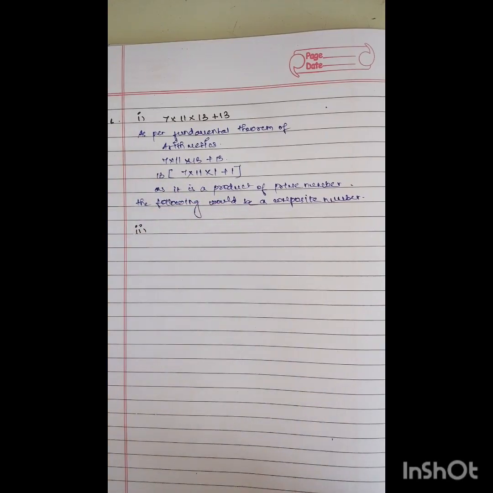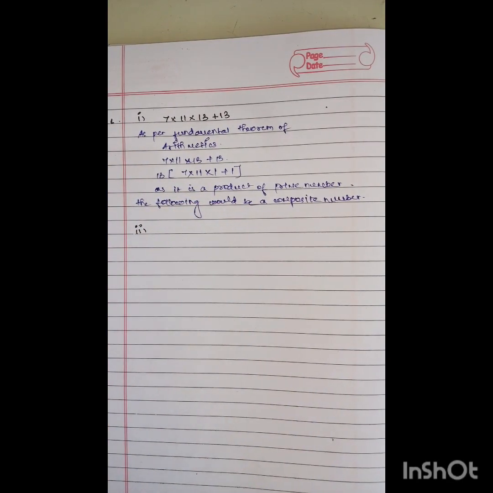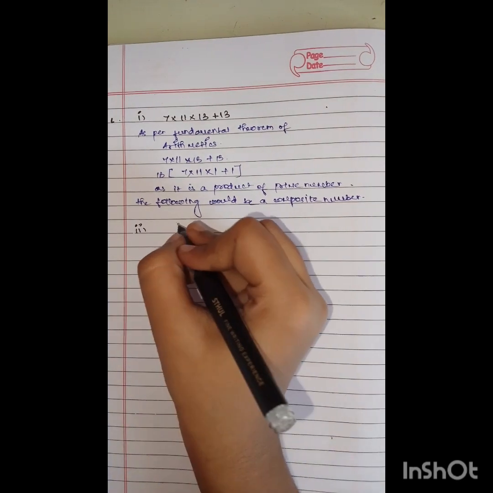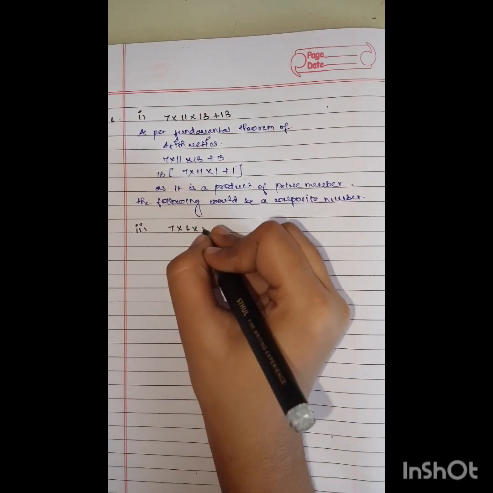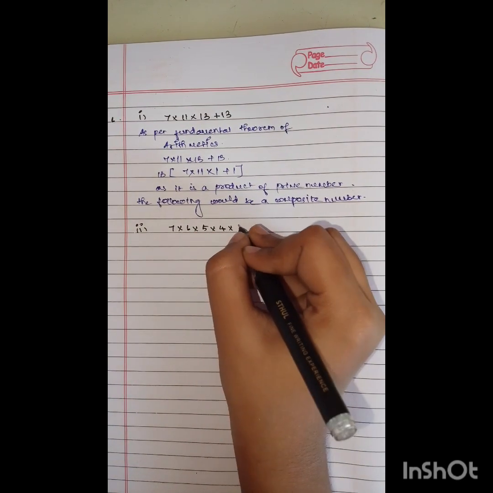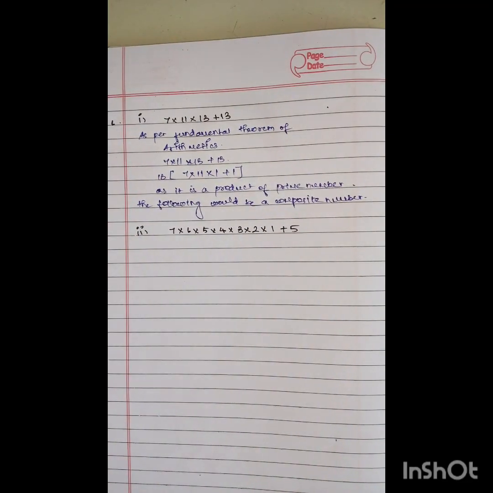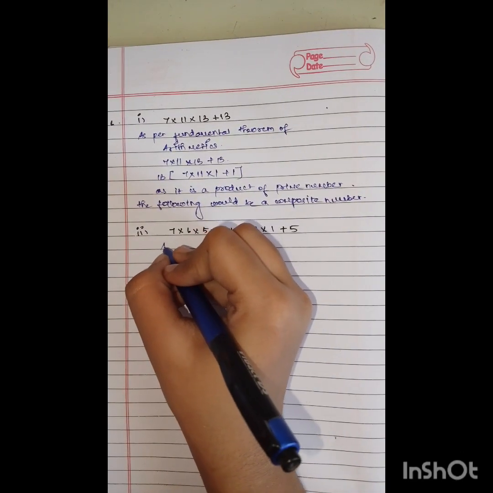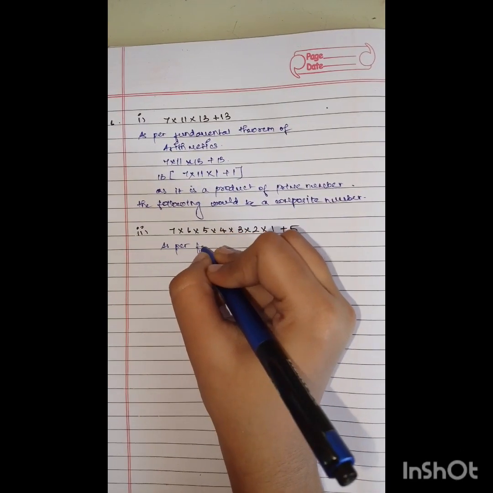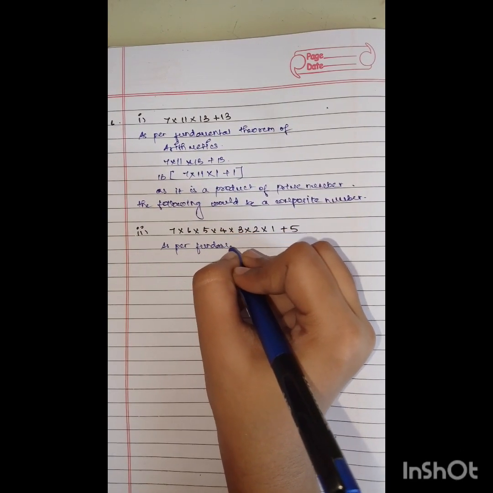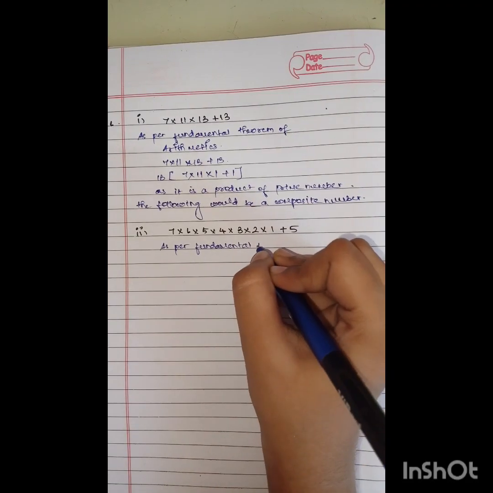So moving on to the second subdivision, 7 into 6 into 5 into 4 into 3 into 2 into 1 plus 5. We are asked to prove this is a composite number. By the same theorem, we can find that 5 is repeated and 5 is a prime number.